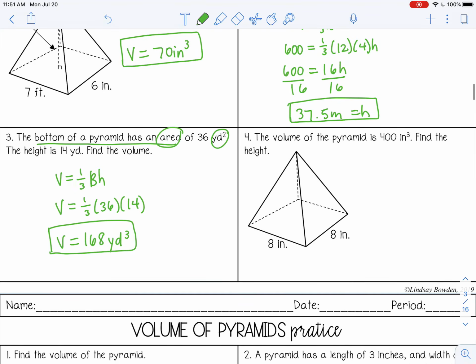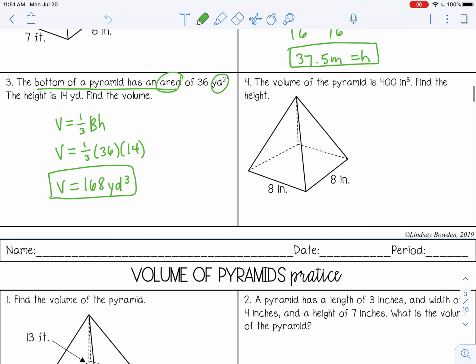All right, last one, the volume of the pyramid is 400 inches cubed. Find the height. So this one we're working backwards again. So 400 equals 1/3. This would be my length and my width. And then we don't know the height.